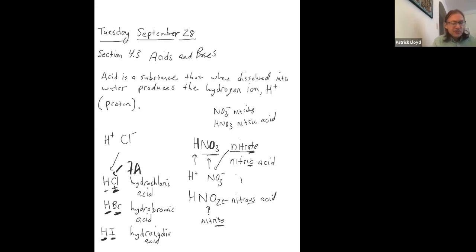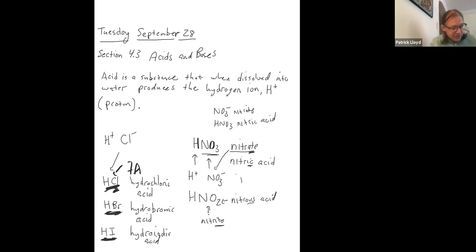Okay, so these are acids just like the HCl and the HBr and the HI. So when you look at the names, if you're looking at names of acids, if you see hydro, well, that tells you right there it's one of these acids that just has an element next to the hydrogen. But if you see no hydro and it says ic acid or ous acid, that's telling you you've got a polyatomic ion associated with the acid.